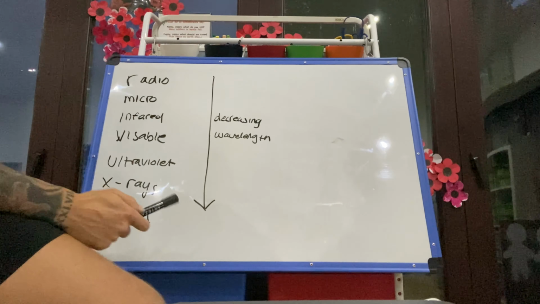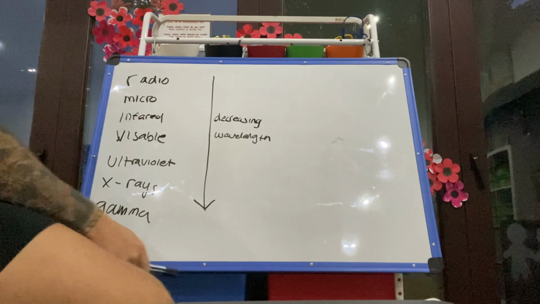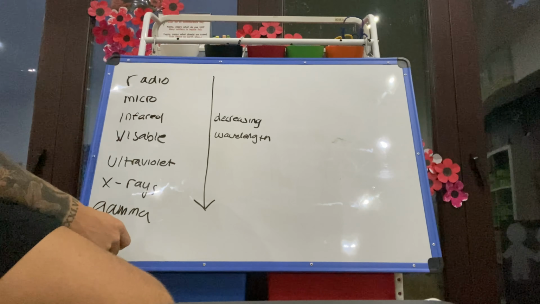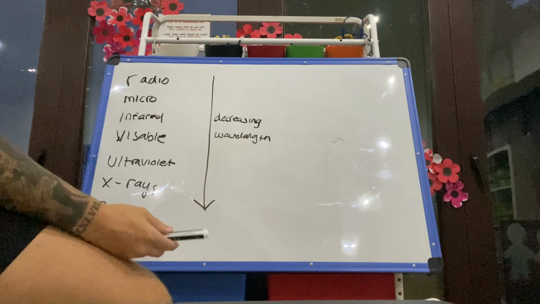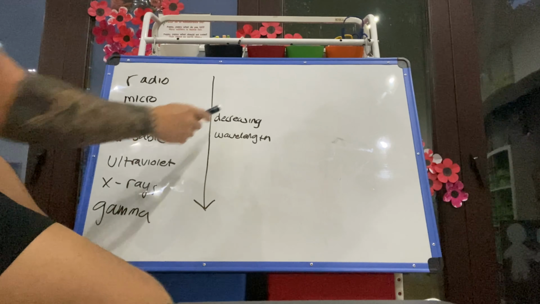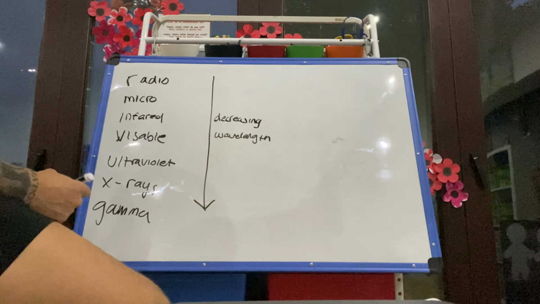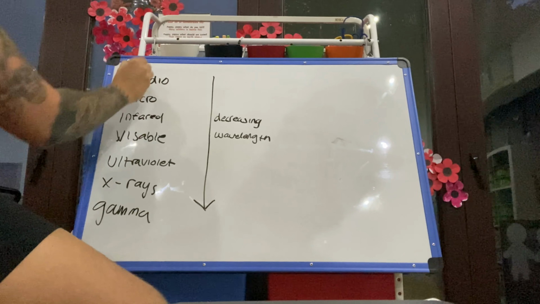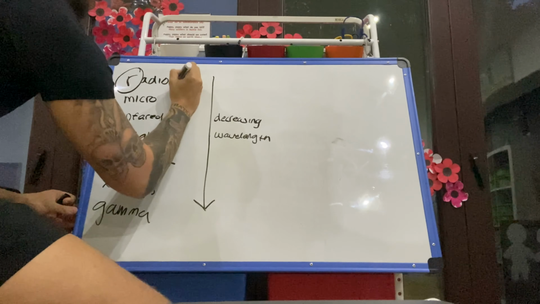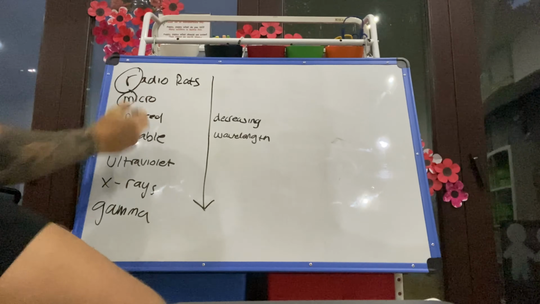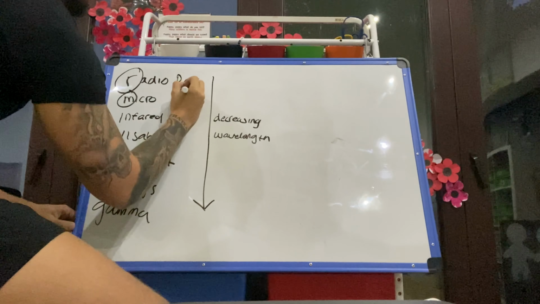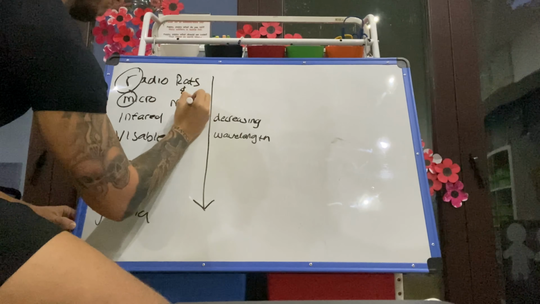Now, it's really important that you remember the order of the electromagnetic spectrum. So we're going to come up with a little mnemonic, and you can come up with your own if you don't like this one, for going down and decreasing wavelength. So for our R, we're going to have rats. For our M, we're going to say rats and mice.